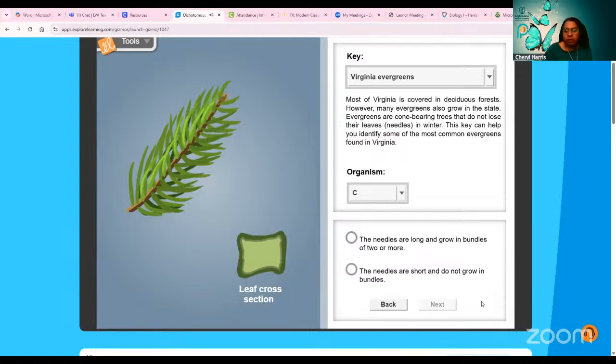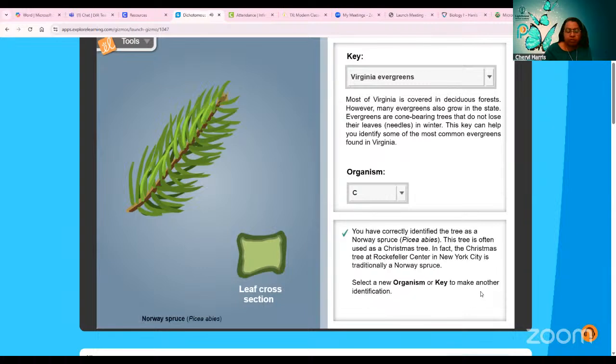Let's see how that goes. All right, that last one, because they gave you the cross-section picture here, that would have helped you with that.